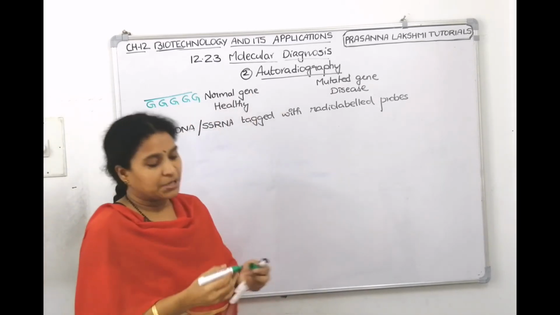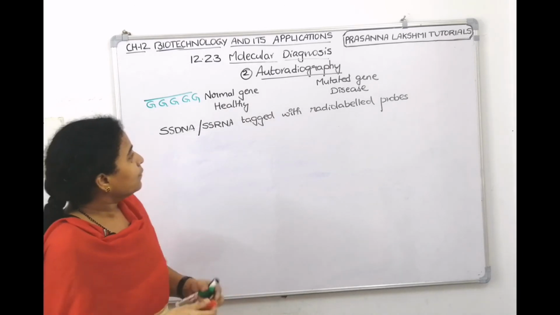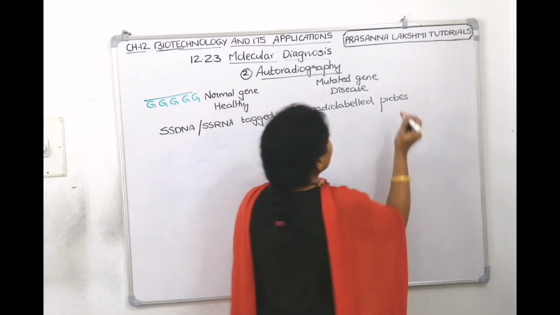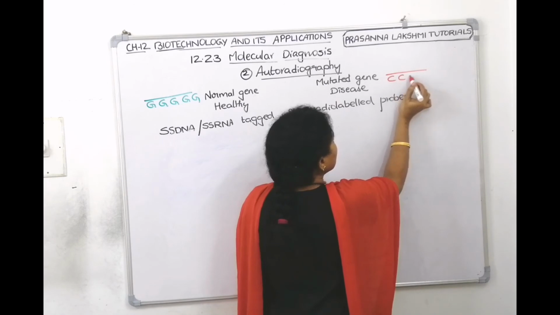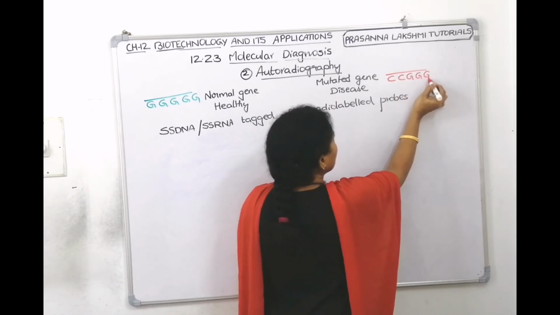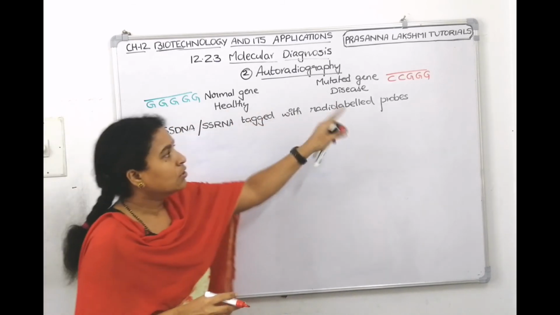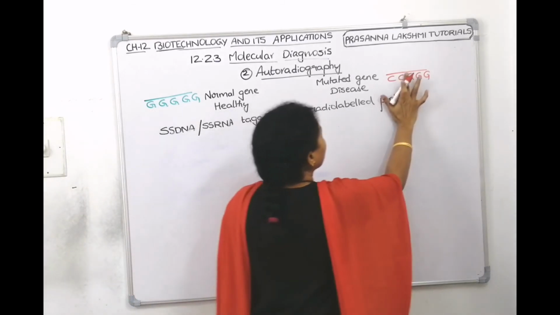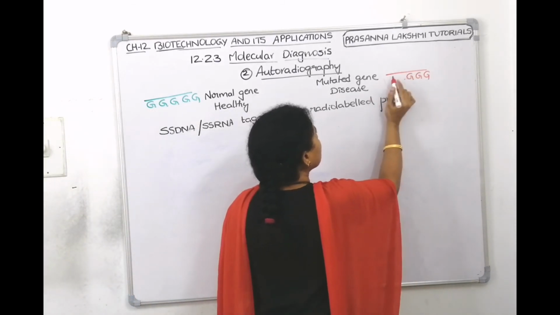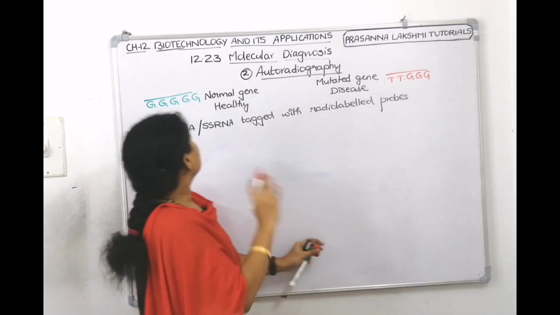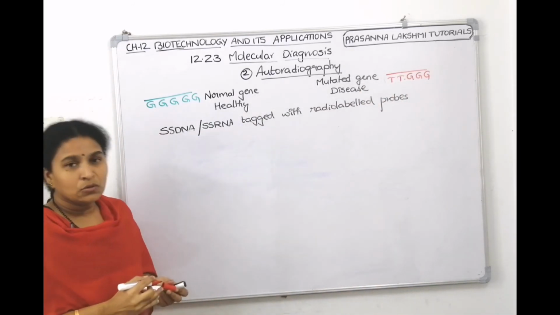Now, if it gets mutated, let's see that also. If the gene gets mutated, then it is converted to C, C, G, G, G. So, two bases I changed. The first two G's I changed. Or else we can write C also, we can write T also. For better clarity, we'll take T. G got mutated to T.